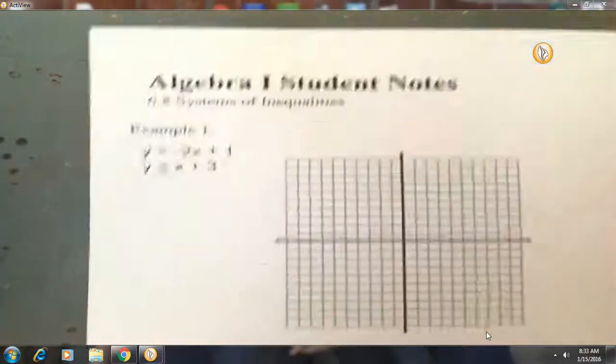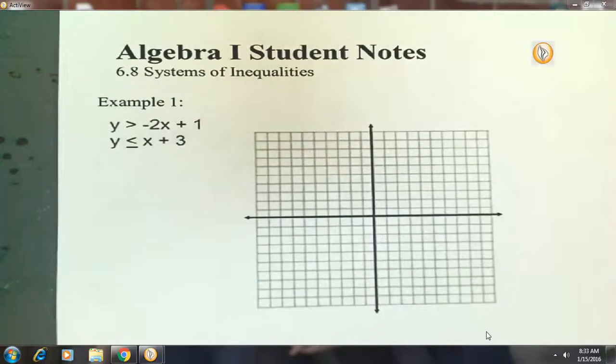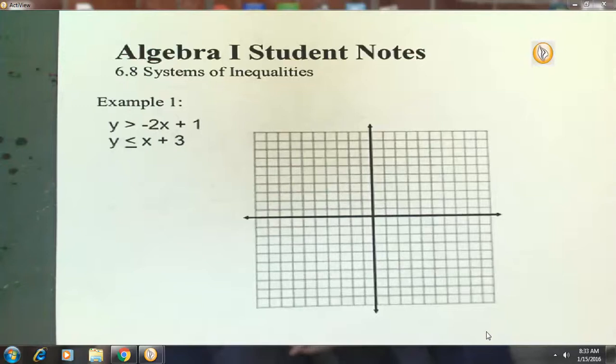Alright, let's look at the handout that I just gave you. Look at example 1 with me, please. Example 1, these inequalities are already in slope-intercept form, so they shouldn't be a big deal to graph. For the first inequality, what is our y-intercept? Lane? Very good, 1.